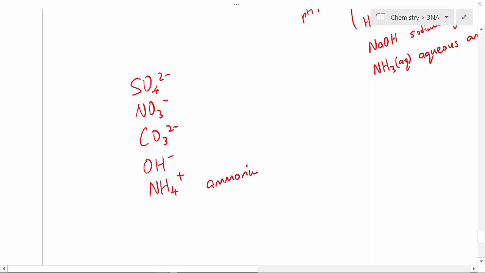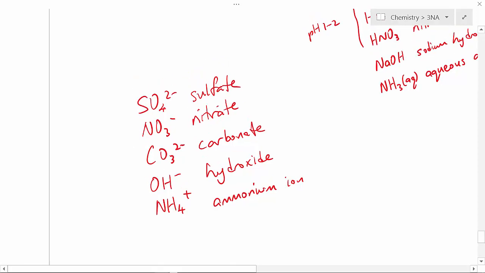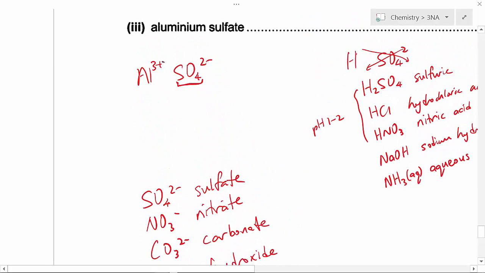Now, if you have not memorized this, please write it down and memorize it, including the spelling. And nitrate and sulfate. Okay, all these are polyatomic. If you need to have a multiple of them, if you need to put a number behind them, you always bracket them. So look at my sulfate.